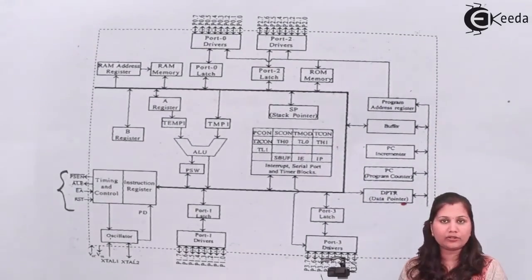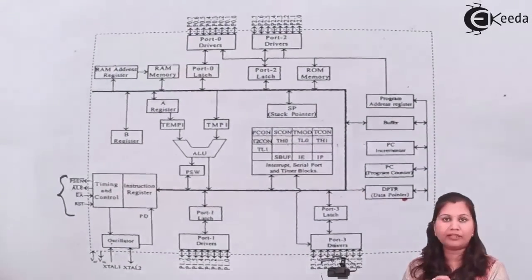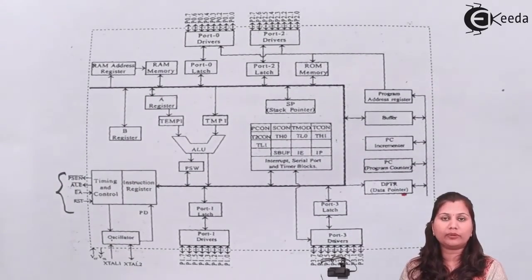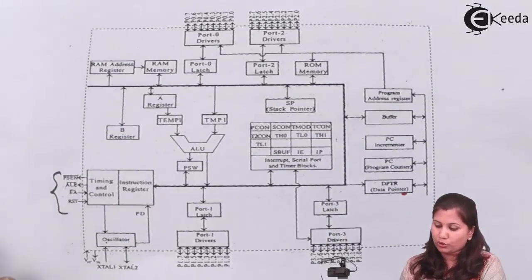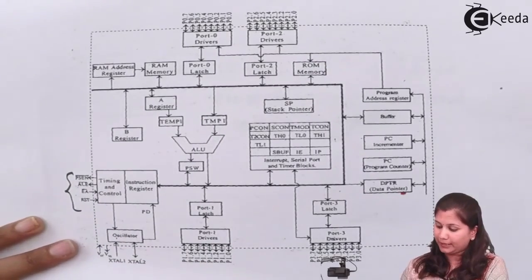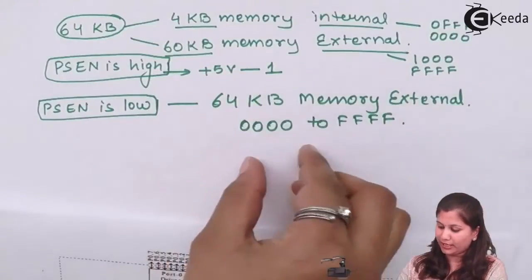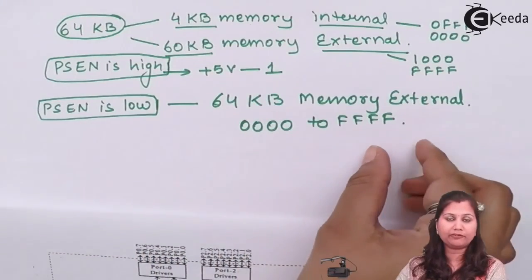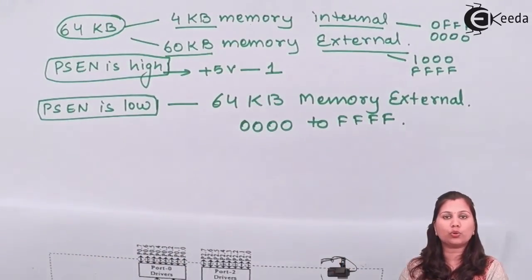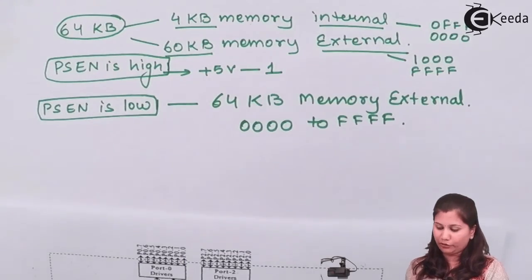So for every interrupt in the 8051, we have a specific memory location where the subroutine is stored. So in this memory space, 0000 to FFFF, the lower part of the program memory is used to store the subroutines for the interrupts.